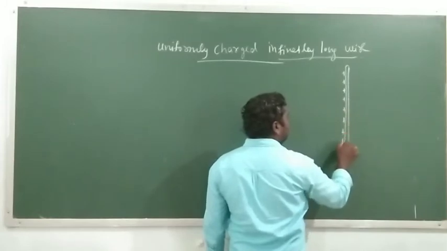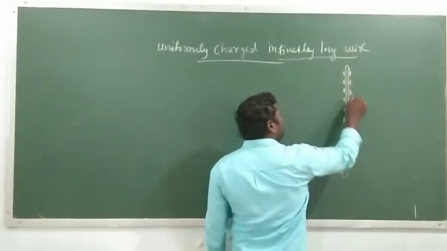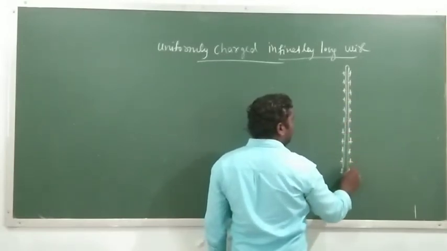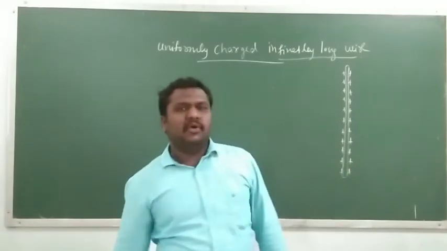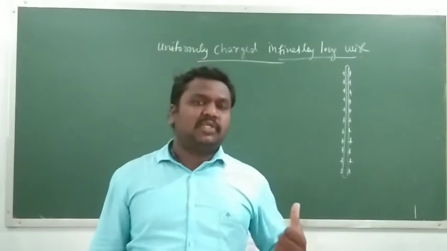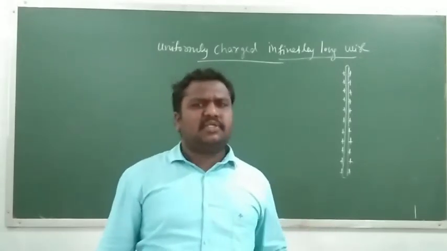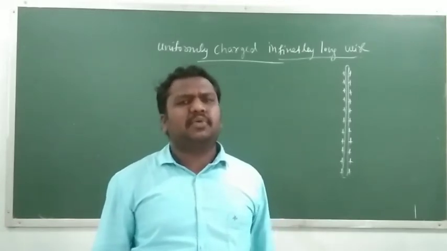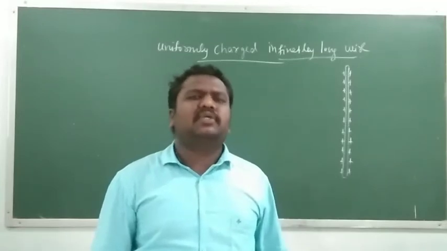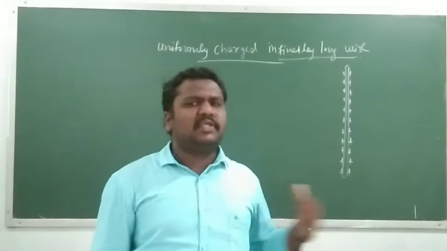The distribution of the charges here is along its length, so we can consider it linear charge distribution. So we can have the total charge, and next we have to think of the Gaussian surface, and we have to choose a point P, an arbitrary point where we have to find the electric field with respect to this distribution.